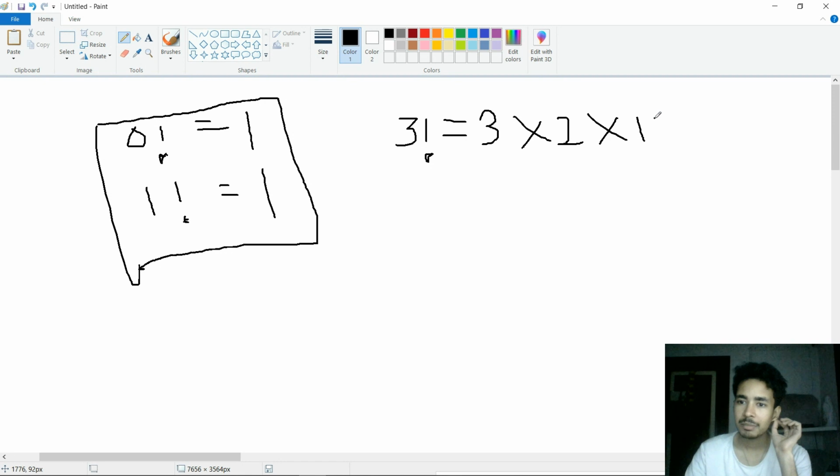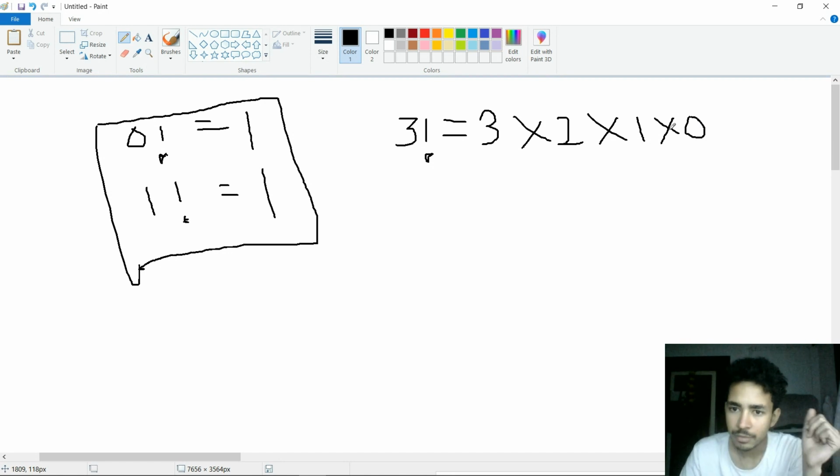Multiplied by, if we write 0 here, then it is basically 1. So 1 into 1 is 1. Let's neglect this; if you want to write it, it's not a big deal.